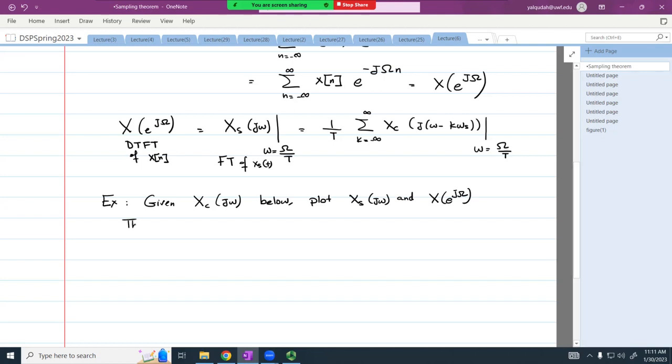The signal has a maximum frequency equal to 2000 hertz and is sampled every T equal to 0.125 millisecond.